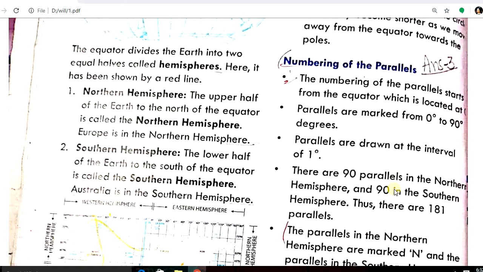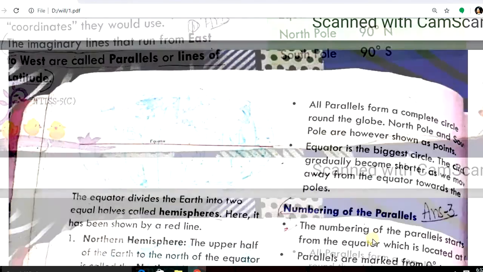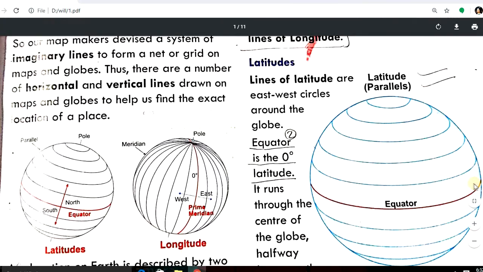Now there are 90 parallels in the northern hemisphere and 90 in the southern hemisphere. Thus there are 181 parallels. Now the parallels in the northern hemisphere are marked N and the parallels in the southern hemisphere marked S. This we can see here, the parallels marked from 0 to 90 degree.